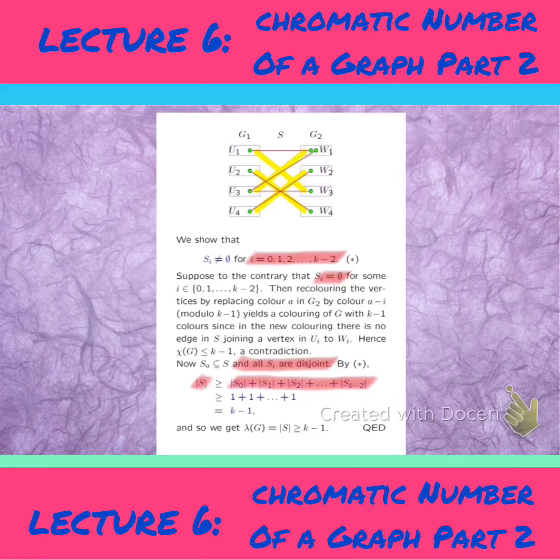Therefore, because each one of them has at least one edge in it, you're going to count at least k minus 1 edges. So therefore the edge connectivity of G is at least k minus 1.